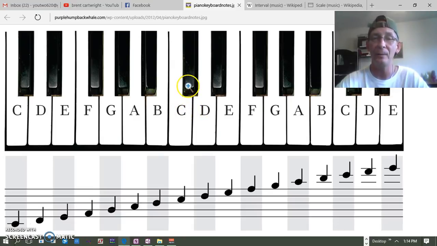You've got a half step, half step, half step, and so on, back to C. A whole step would be 2 of those half steps. So depending on what root note you start with for your scale, those intervals are going to be the same, and you have half steps and whole steps that separate the notes.